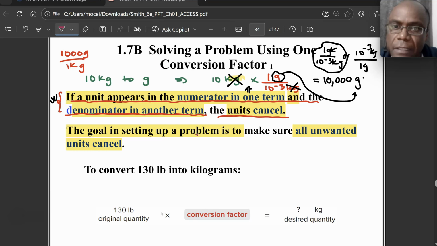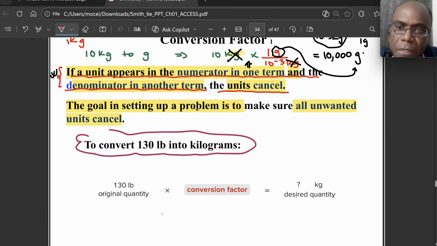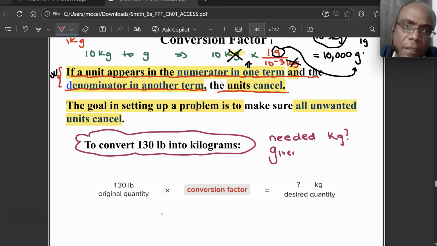Now let's do another example shown in the slide. We are asked to convert 130 lbs to kgs. So we need our answer in kg, given that our starting unit is in lbs.